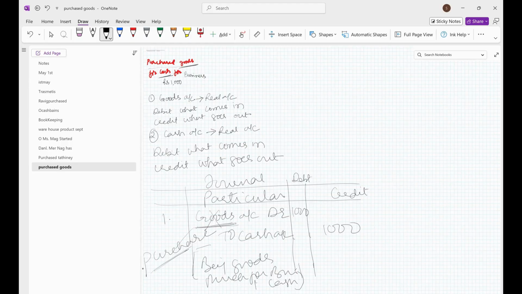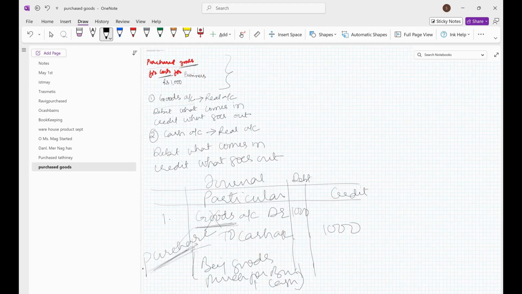Because here it is purchase of goods. If you write goods, nobody will understand what this goods is. But if you write purchase, you will understand that you have made a purchase. The treatment is everything the same, just like the goods account, but instead of writing goods, you should write purchase.